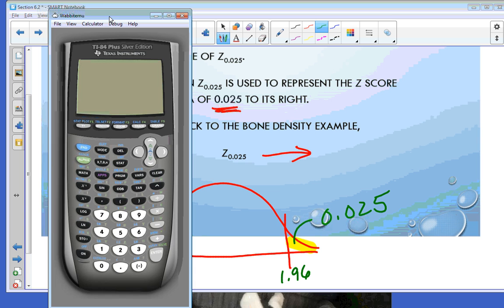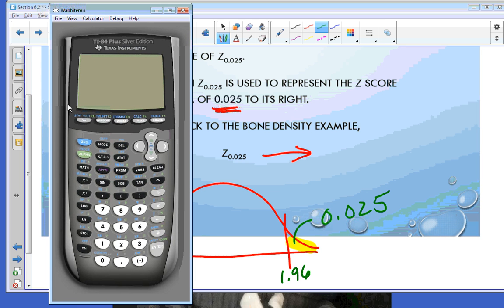I'll bring my calculator over now. Let's go to our distribution again. So second distribution. We're going to go to normal. Cursor on down one more, and now we're going to do inverse of the normal.